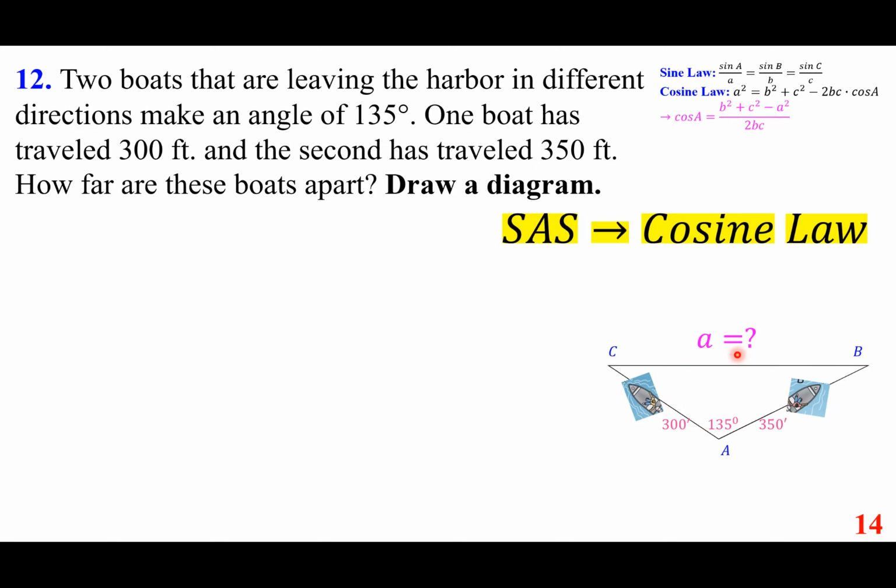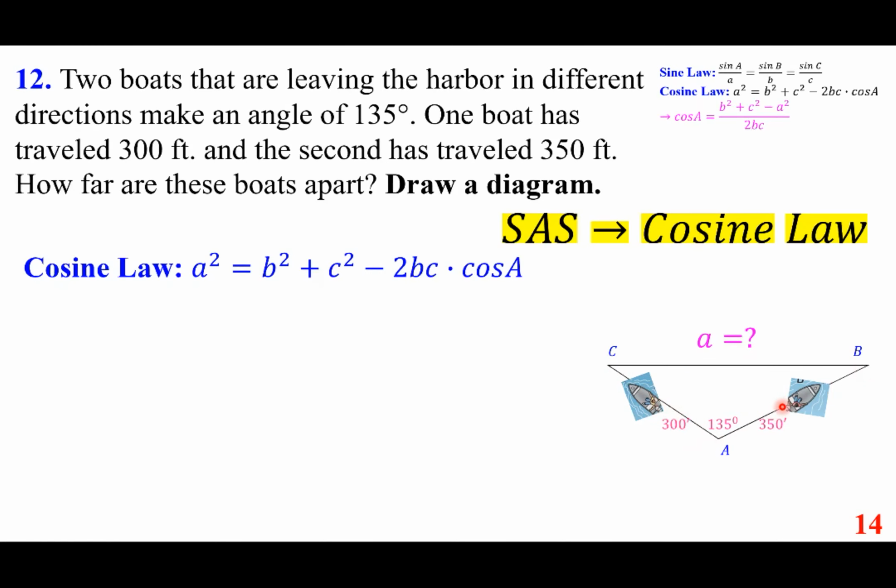Cosine law says A squared is B squared plus C squared minus 2BC cosine A. Therefore, A squared is 300 squared plus 350 squared minus 2 times the product of these two numbers times the cosine of 135 degrees.